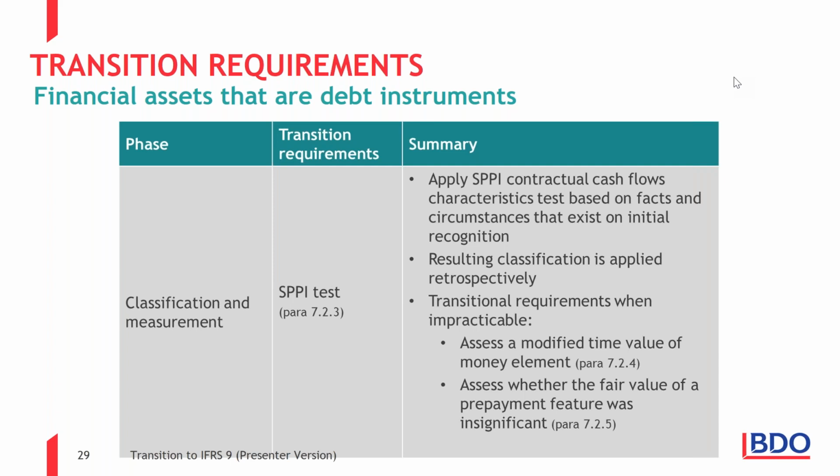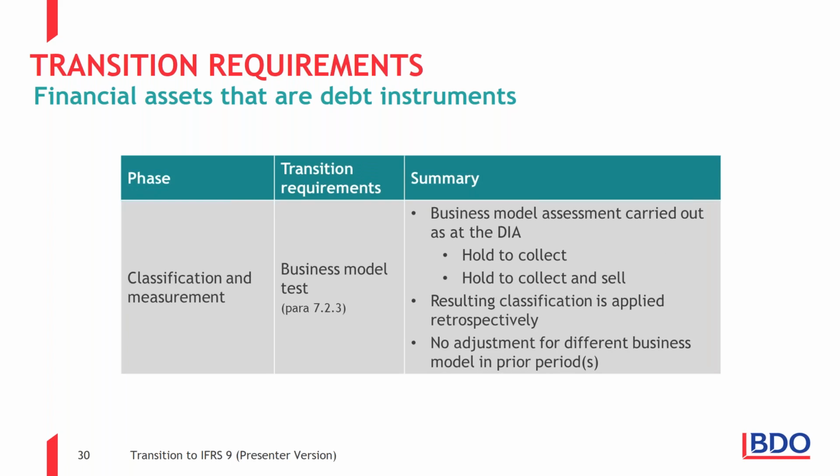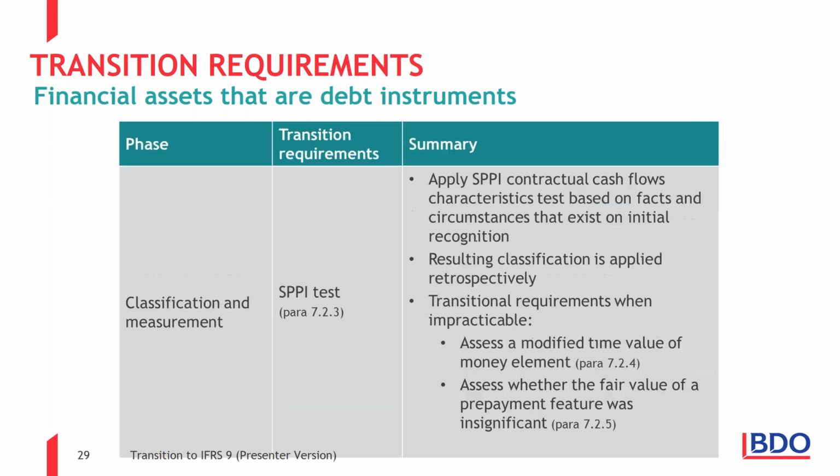So if you look at the transitional requirements for financial assets that are debt instruments, there are different transitional requirements for the SPPI test, which you can see on this slide, or the business model test, which you can see on the next slide. All right, so different transitional requirements for the two different hurdles.